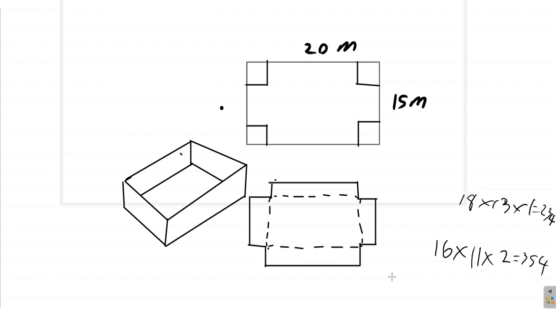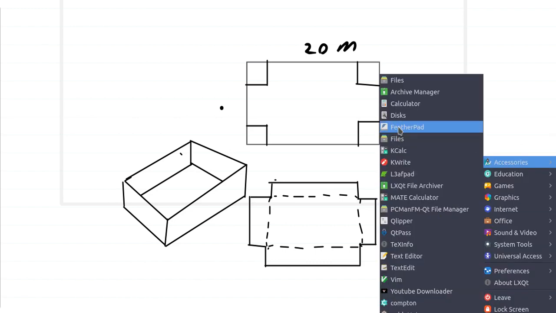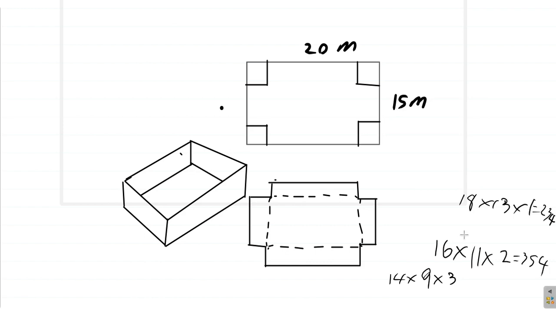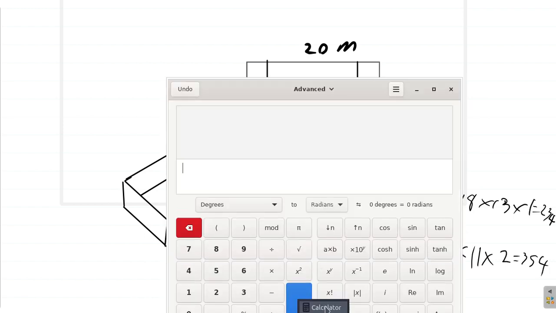So this 20 has gone down to 14 by 3 from the top, 3 from the bottom, that would be 6. So this 15 has gone down to 9. 14 by 9, and it would be 3 high. So if you do that, you're going to calculate a certain volume. What would that volume be?